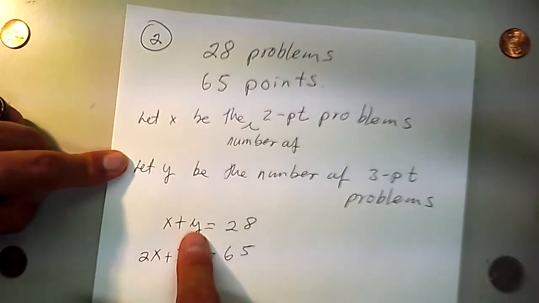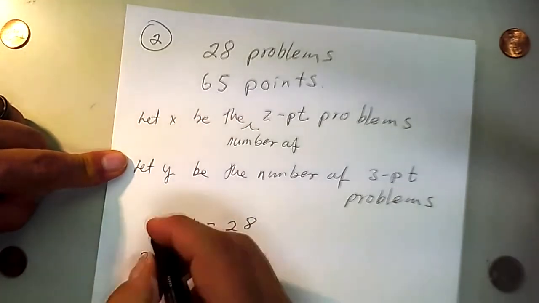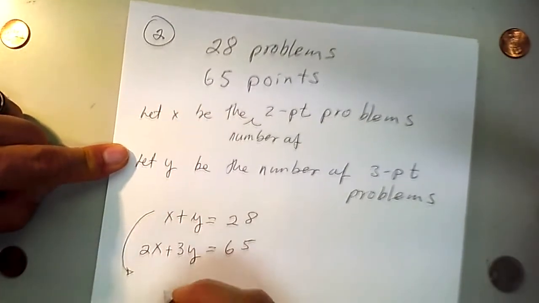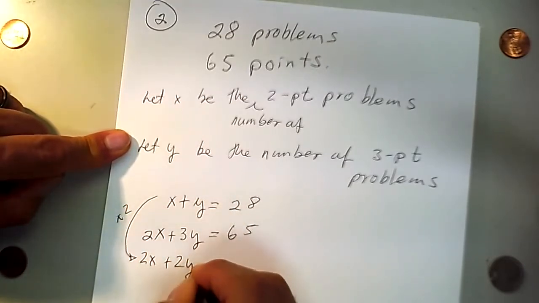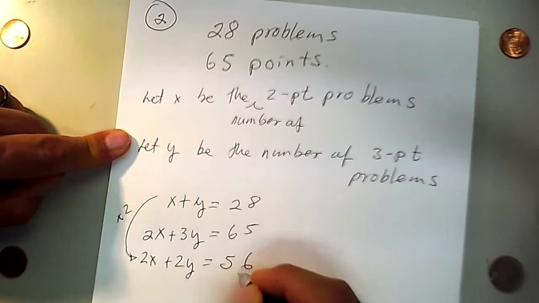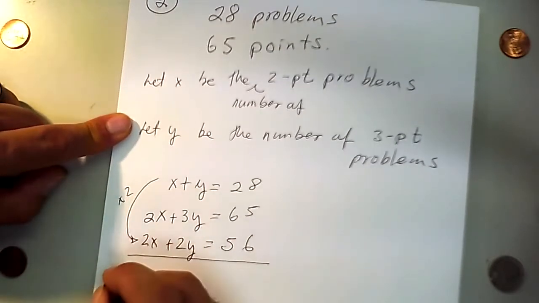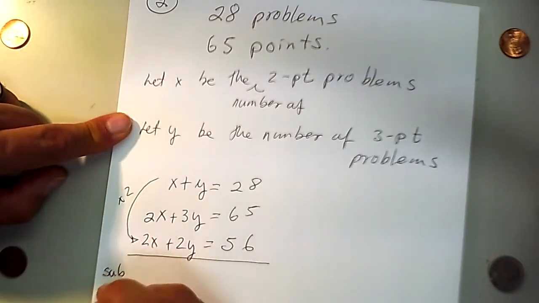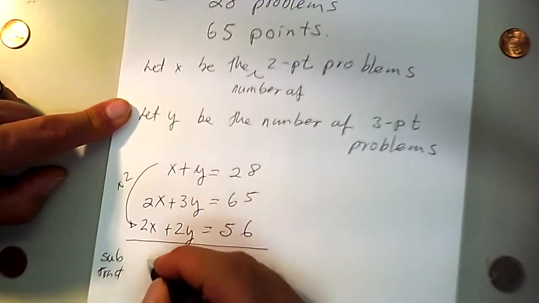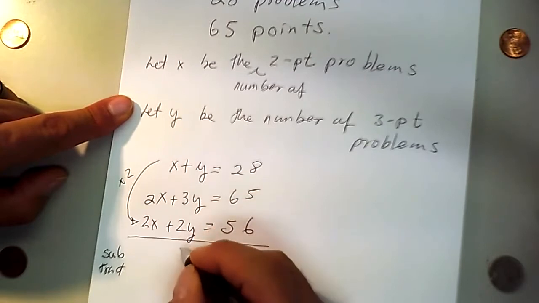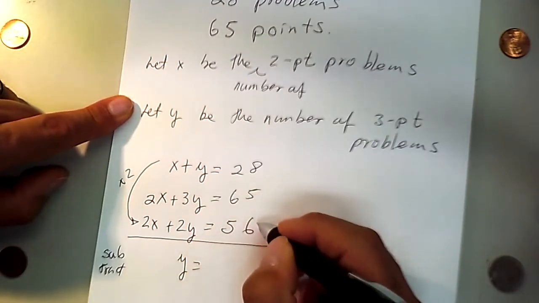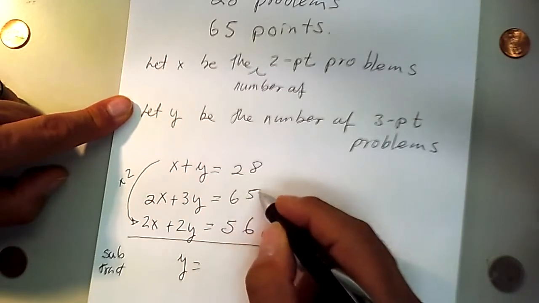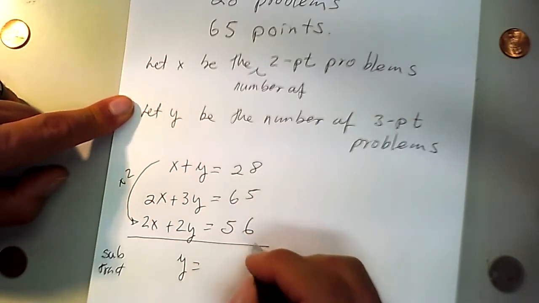Okay, I'm going to multiply by 2: 2 times 2, 2X plus 2Y equals 56, and then we're going to subtract. So 2X minus 2X is no X, 3Y minus 2Y, Y, 15 minus, we borrow 1, 15 minus 6, 9.